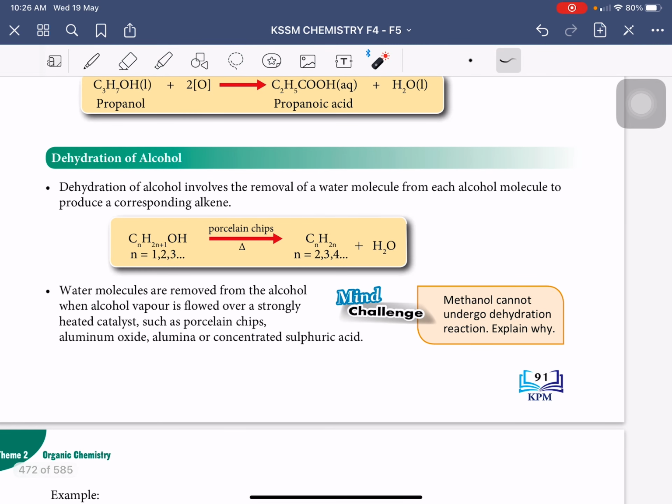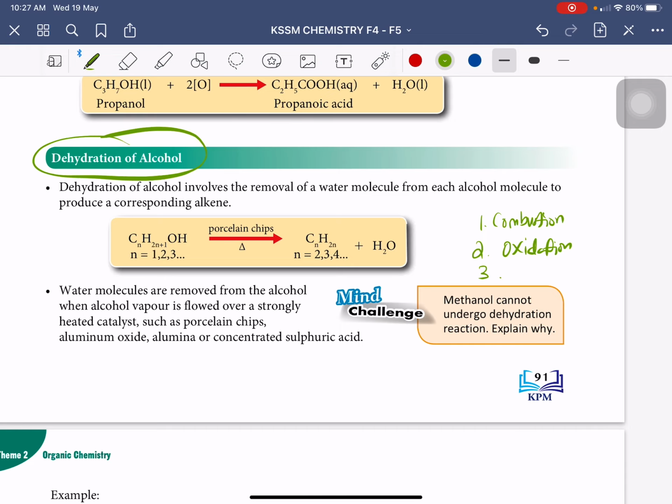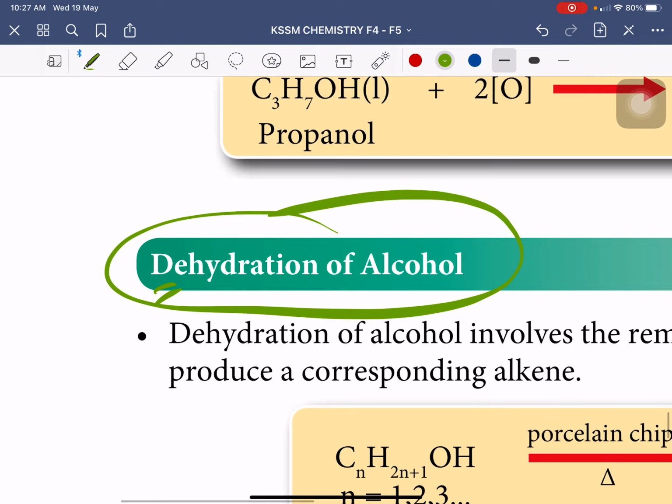Next, we are going to learn about dehydration of alcohol. Remember, we are now learning about the chemical properties of alcohol. We have discussed combustion, we have discussed oxidation, and now we are discussing dehydration. Dehydration, maksudnya buang satu molekul air.